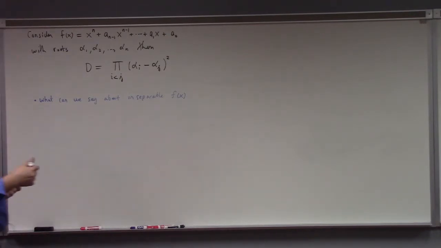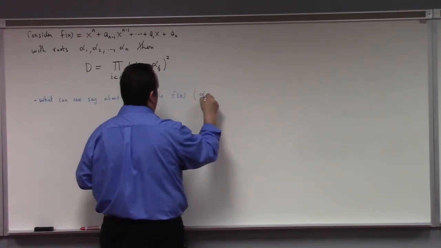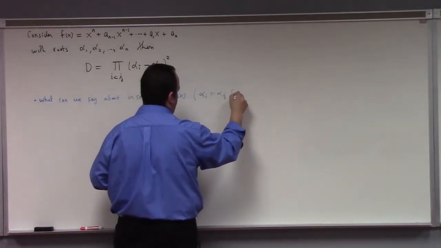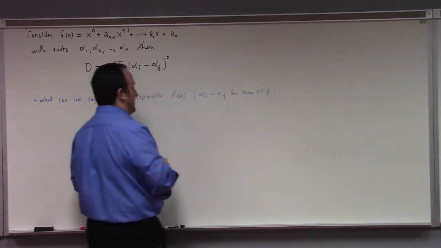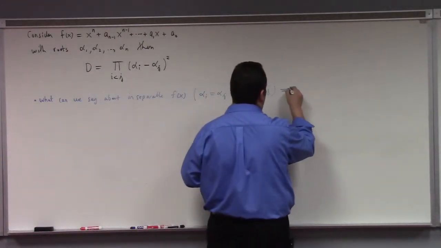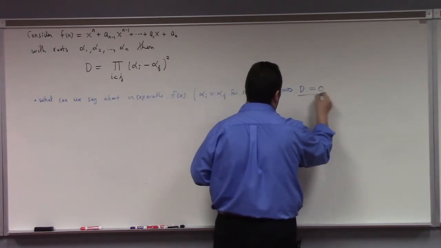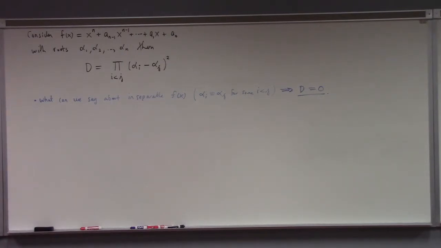So we have alpha i equal to alpha j for some distinct i and j, right? Which means that the discriminant is what? 0, right? So discriminant equal to 0 apparently has something to do with separability. He says D equals 0 if and only if f of x is not separable.